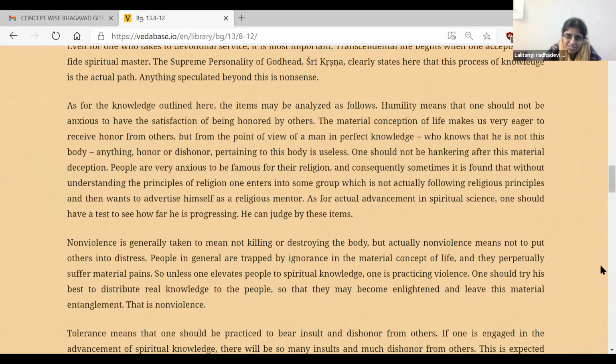Not being anxious. Mainly material conception of life makes us proud. In spiritual conception of life, if we are there always, then we will not be anxious to have the satisfaction of being honored by others.